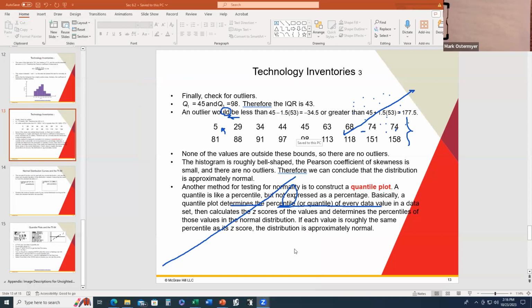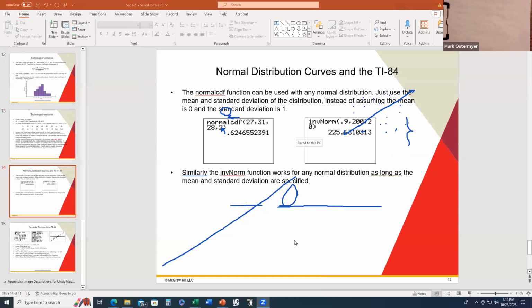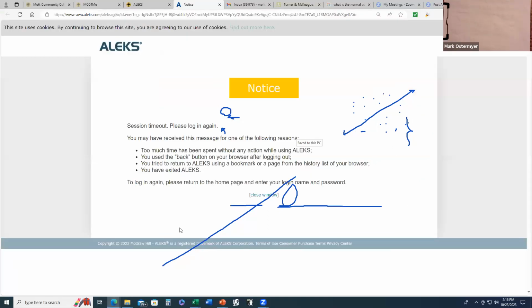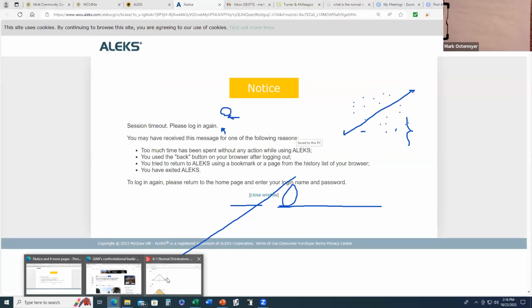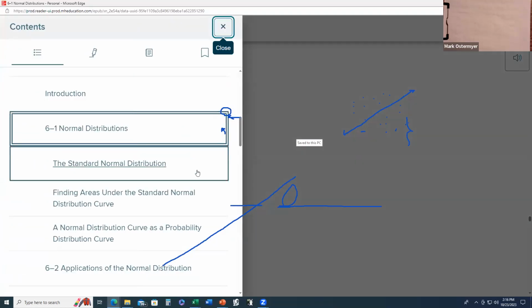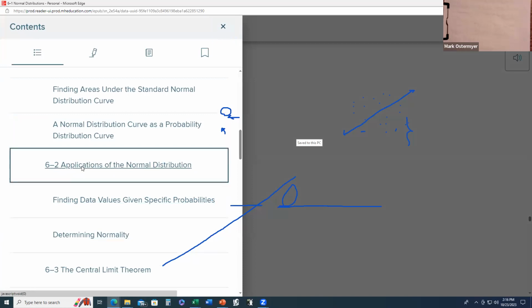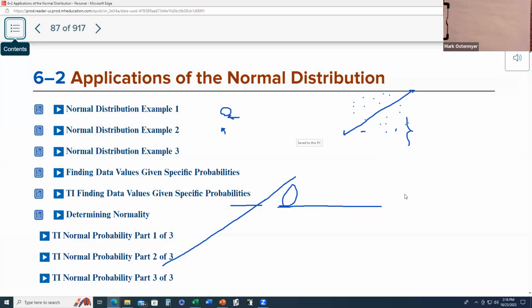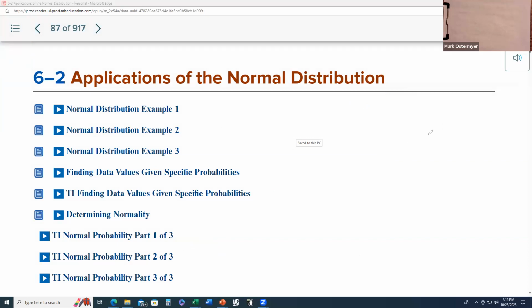All right. Now, we don't really have too much time left as far as practice problems are concerned. But section 6.2 covers applications of the normal distribution, where you will be working with the normal distribution and computing some probabilities.